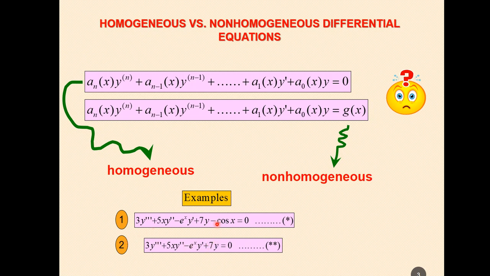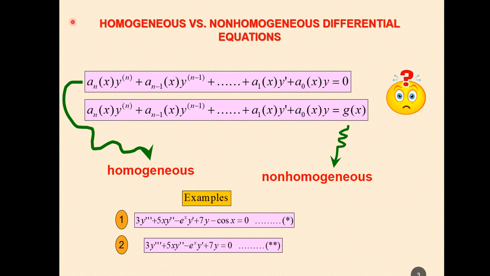that the last term is a negative cosine of x. In the form here above, for the two types or classification of higher order differential equation, functions of x alone or expression which is a function of x alone should appear on the right side of the DE.